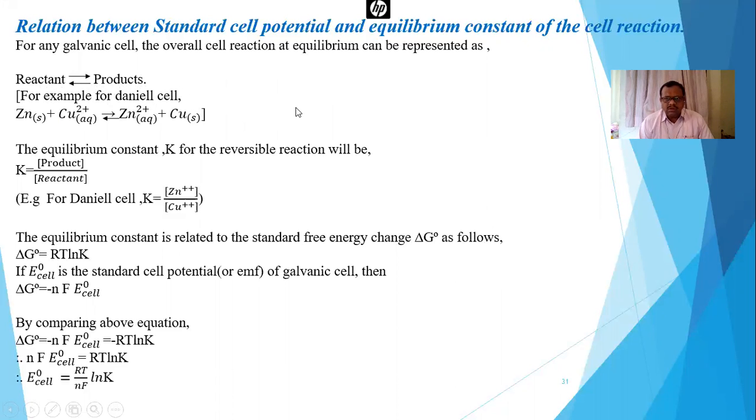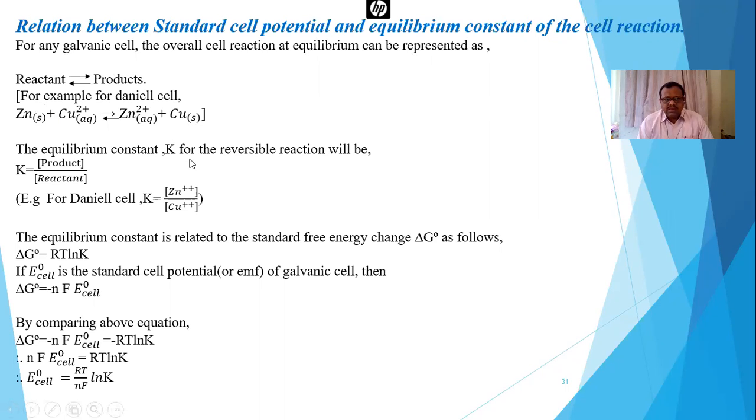Let us take an example of a Daniell cell. In this Daniell cell, zinc reacts with copper ions to form zinc ions and solid copper. In the reverse reaction, copper releases electrons and forms Cu++.